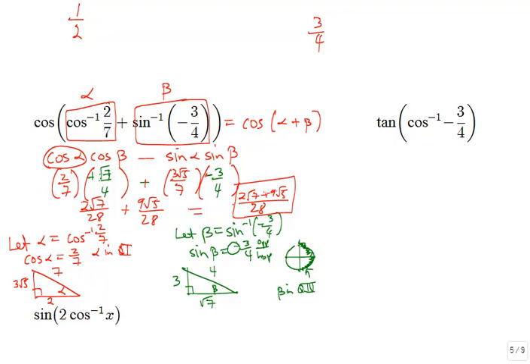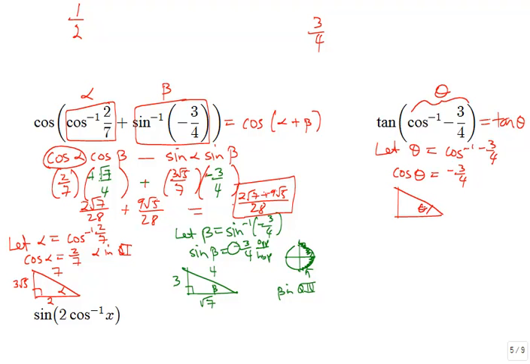This one's a little bit simpler because I only have the one inverse cosine showing up. Remember, this is going to be an angle, so if we call all of this theta, this is really asking us for tangent of theta. And if we're letting theta be this inverse cosine of -3/4, that's saying that cosine of theta is equal to -3/4. Let's draw a triangle.